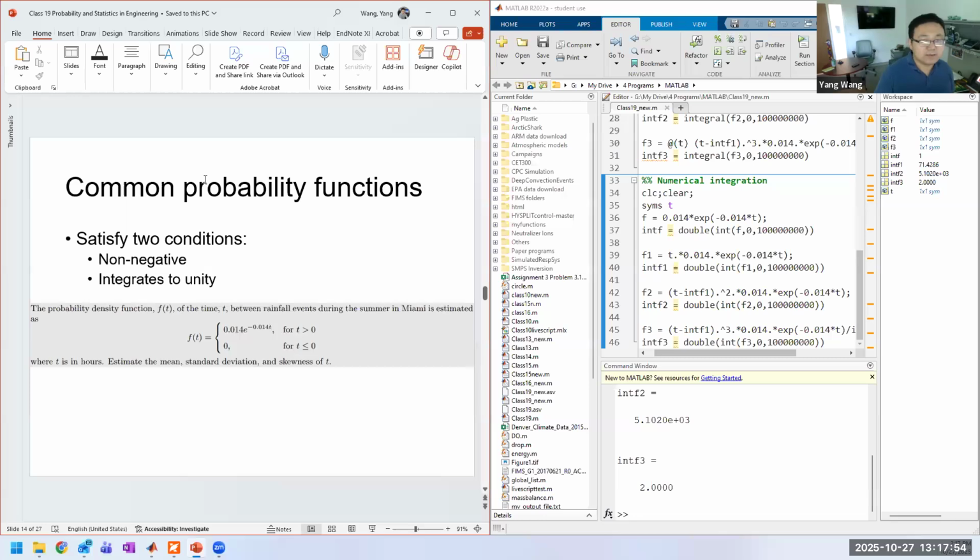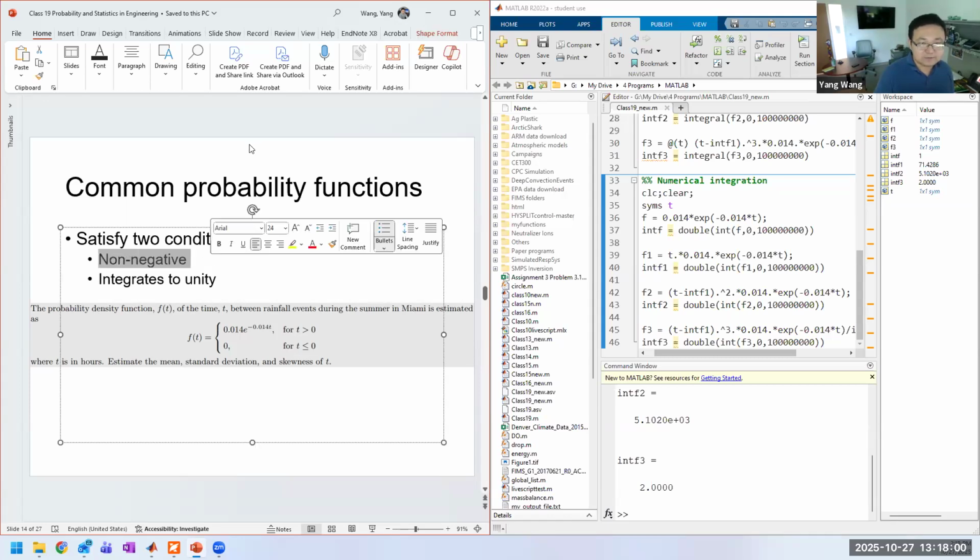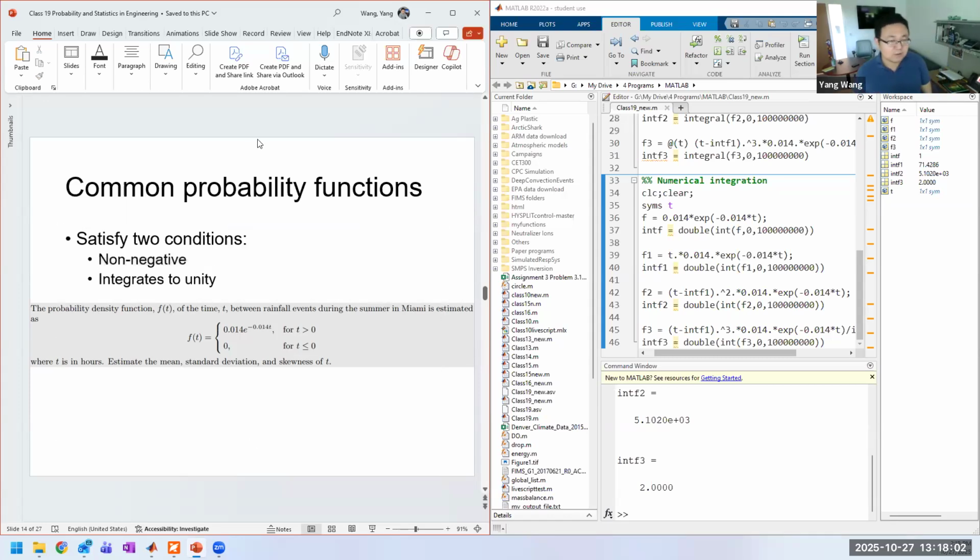And then we'll also do some simple practice calculating, let's say, the probabilities. Okay, so if you think about any probability function, it has to satisfy two conditions. First, it has to be non-negative because a negative probability does not make sense. Everything has to be zero or above zero. The second is that it integrates to unity.